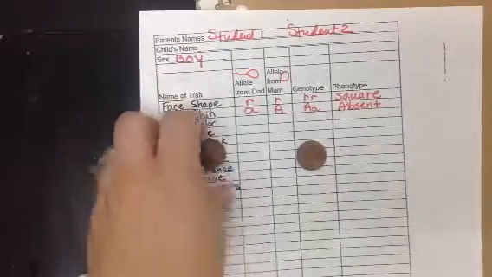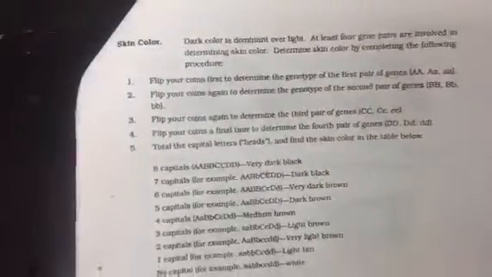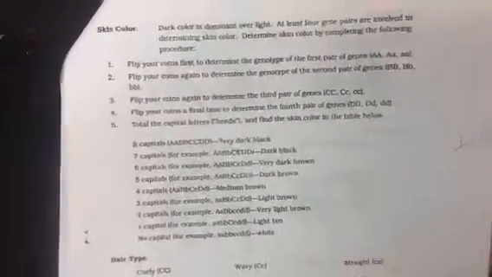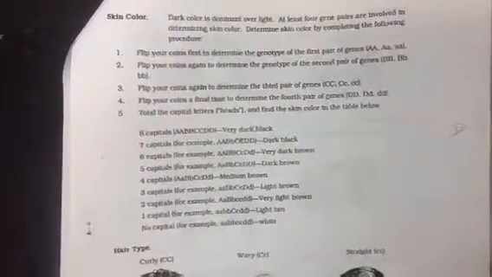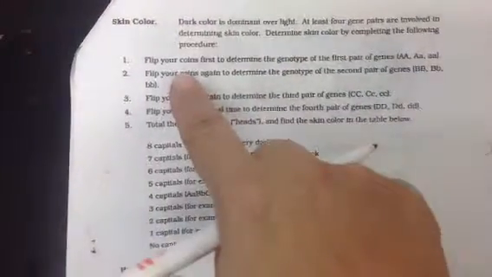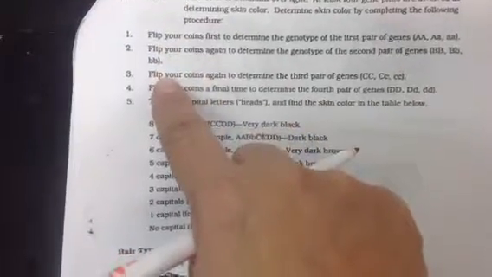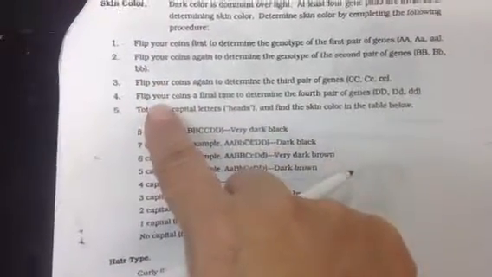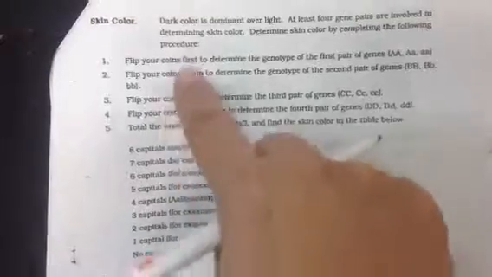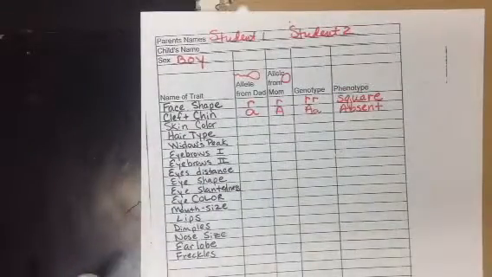Okay, skin color is a little more complicated because there are several genes that code for skin color. So go ahead and find in your packet skin color. Okay, here's skin color, and notice each person's going to flip their coins once, twice, 3 times, 4 times. And you're going to get different traits each time. Okay, so let's try that.